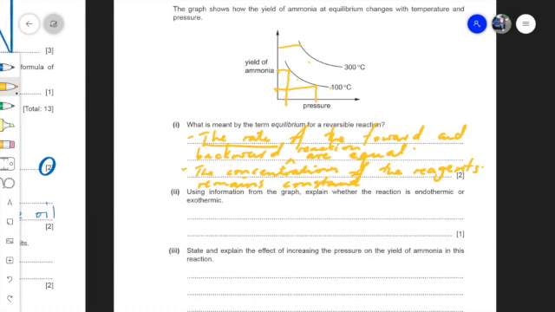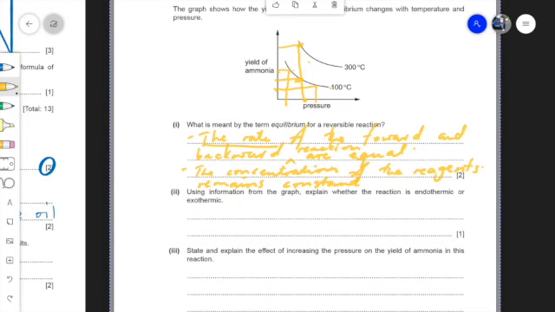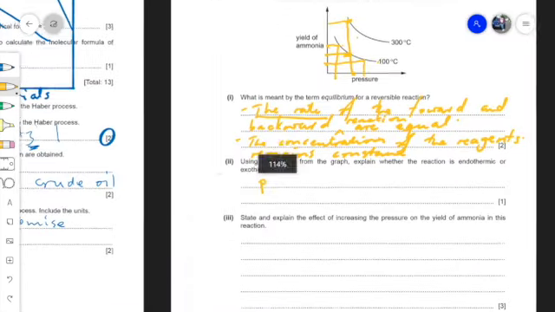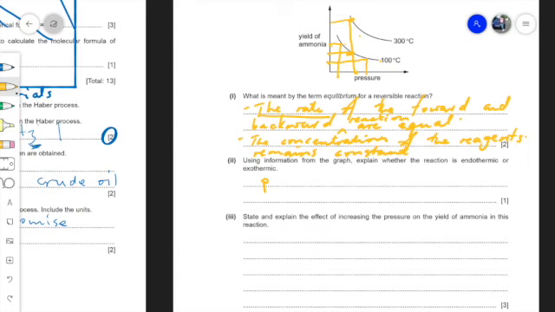If we take, let's say, this point, at 100 degrees Celsius, the yield is lower than at 300 degrees Celsius. So yield increases with temperature.